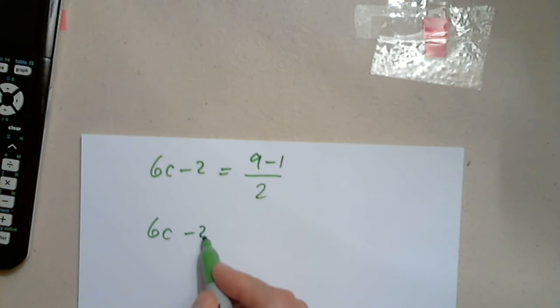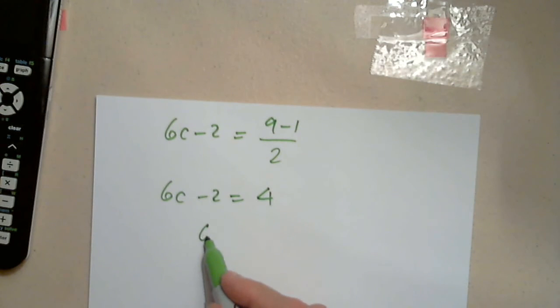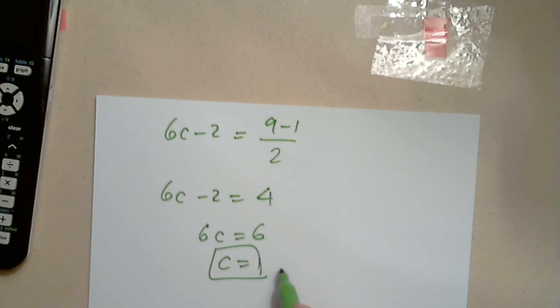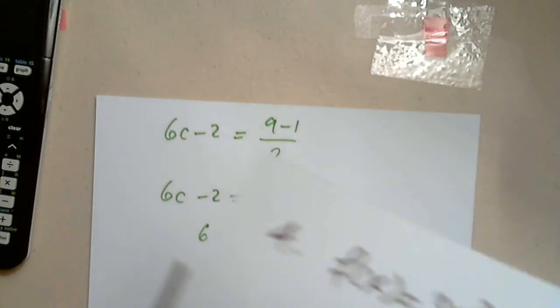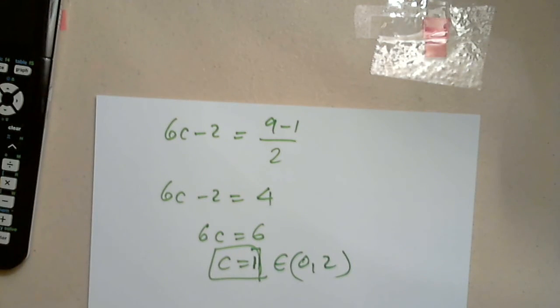So 6c minus 2 equals 8 over 2, which is 4. So very nice. 6c equals 6, so c equals 1. It's guaranteed to be in the open interval 0, 2. Guaranteed by the mean value theorem.